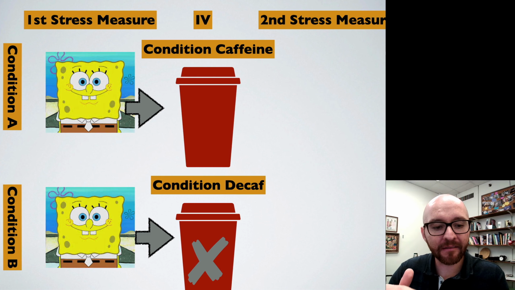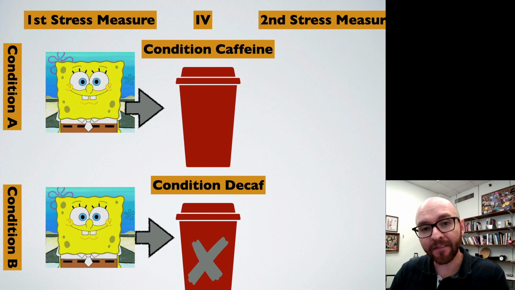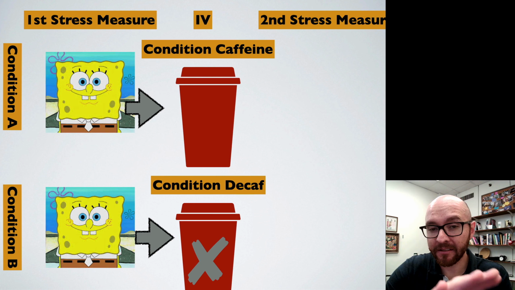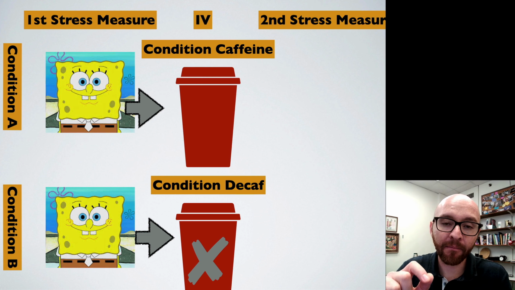They seem pretty comparable, right? I took a measure. They seem pretty chill. They seem relaxed. They seem like they're not stressed. Good. Now I know that any difference that comes after my IV is due to their experience with caffeine, right? Because they're the same before. So if I see any difference after, that can only be explained by my IV.